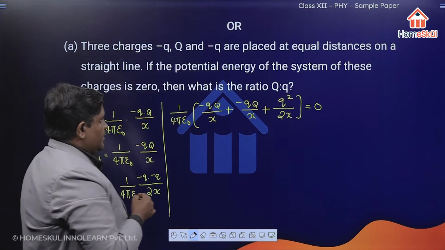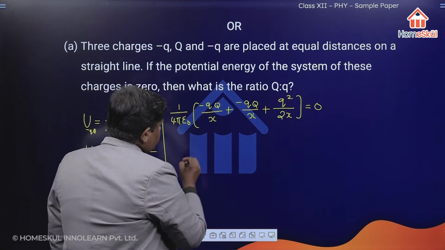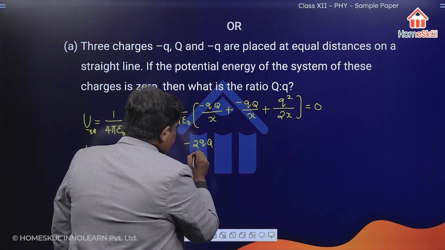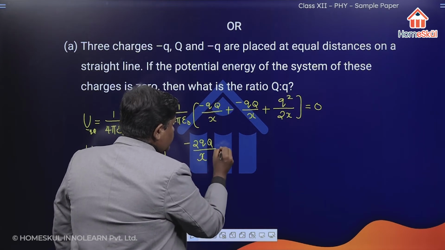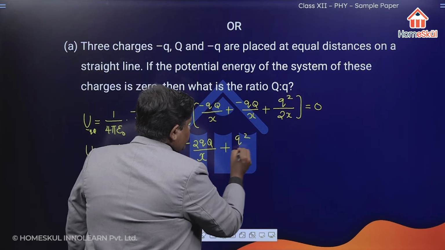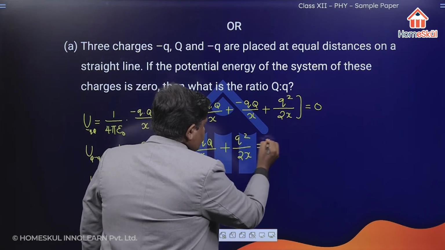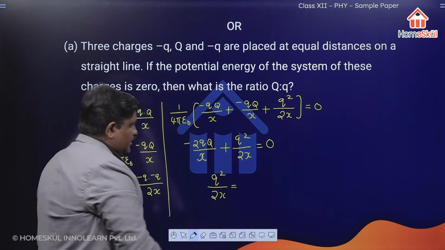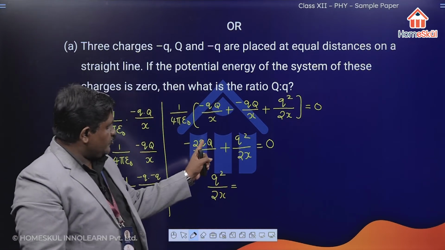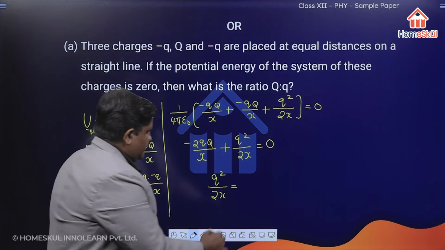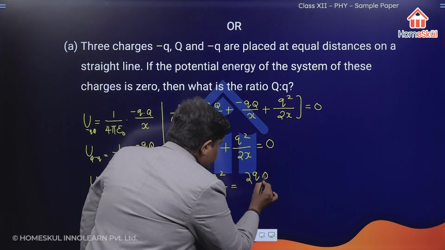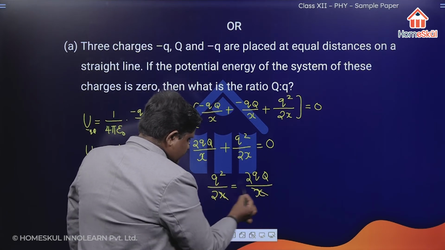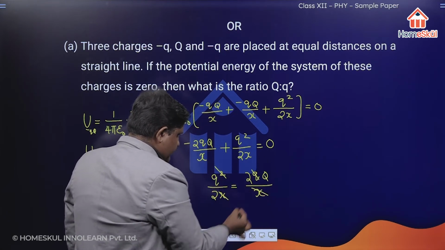Now, this can also be written as minus 2Q by x plus Q square by 2x is equal to 0. From this, Q square by 2x is equal to, take this minus 2Q by x to the right hand side, we get 2Q by x.